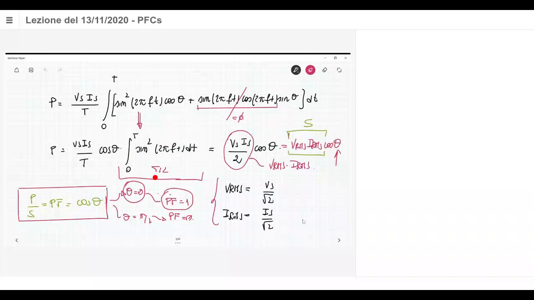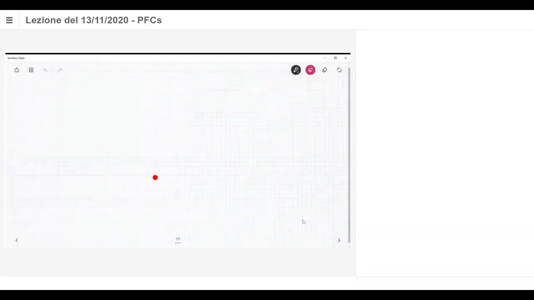So this can be a very good starting point. If your network, that we have in that box at the beginning of the discussion, acts as a resistor for the input voltage and current, in that specific situation your power factor is the maximum possible, so it means that you can have all the power available as real power.